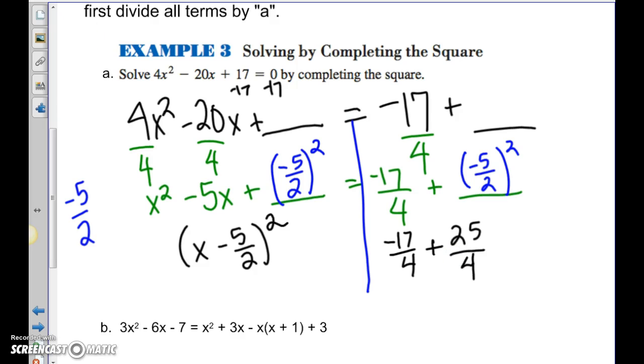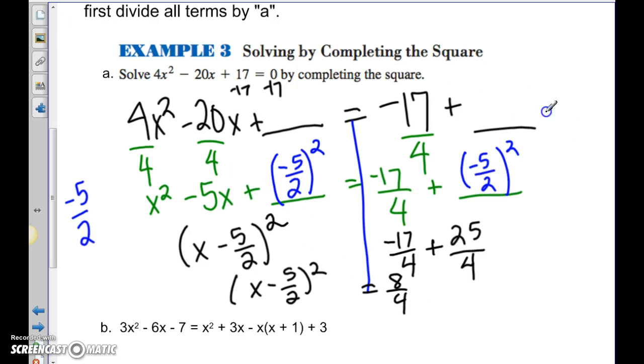All right, so I might be running out of room a little bit, but now I've got x minus 5 halves squared. That equals over here, I'm just going to make a note, that's 8 over 4, which actually is equal to 2.